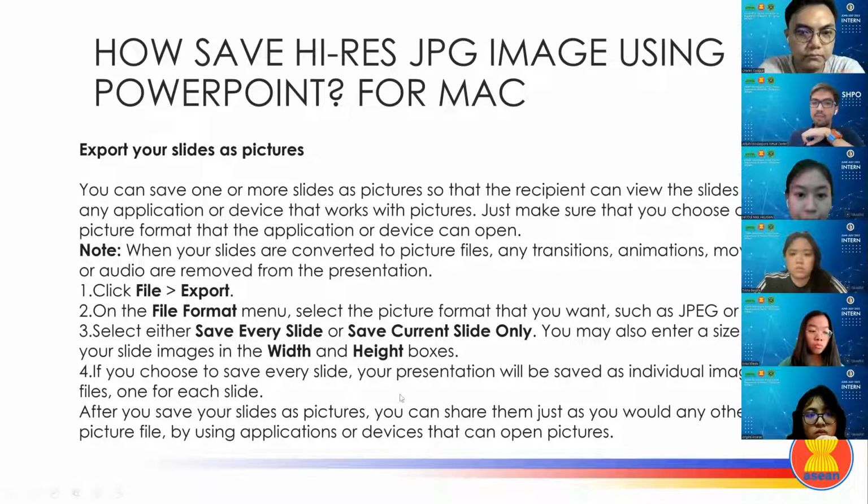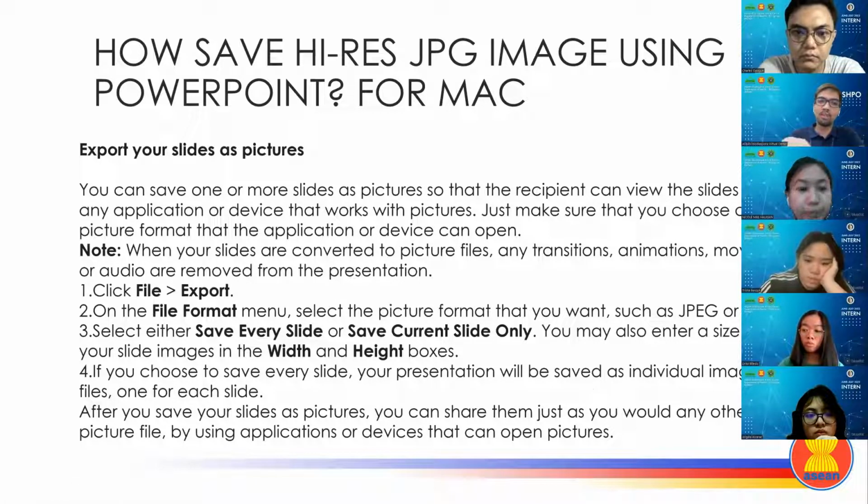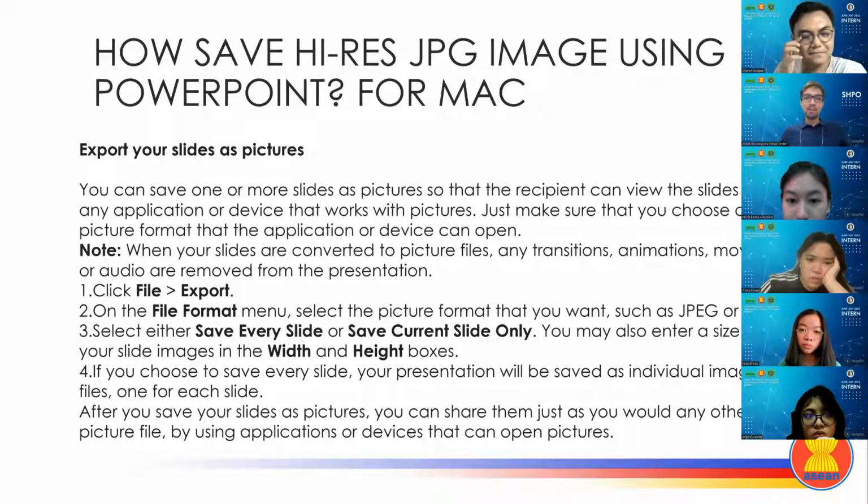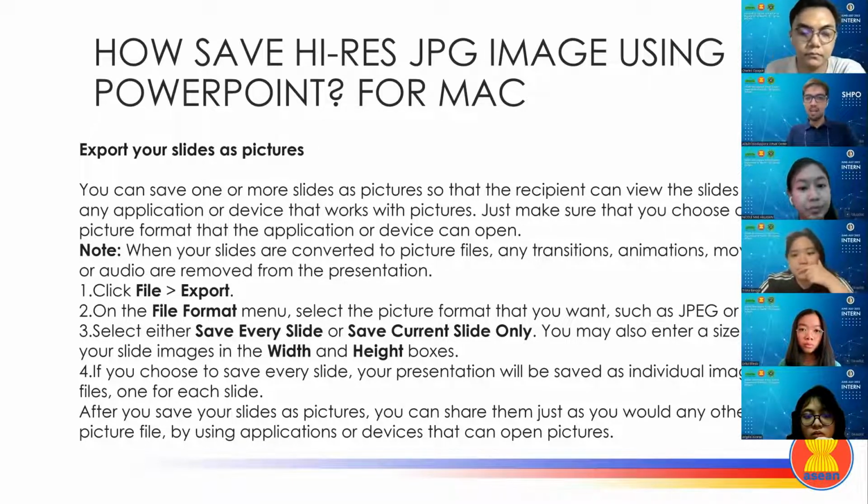If you choose to save every slide, your presentation will be saved as individual image files, one for each slide. After you save your slide as pictures, you can share them just as you would any other picture file. Ganun lang sa Mac. Medyo toxic. Pero yung sa Windows, one time lang naman yun. So every time you save your pictures, it's in high resolution.